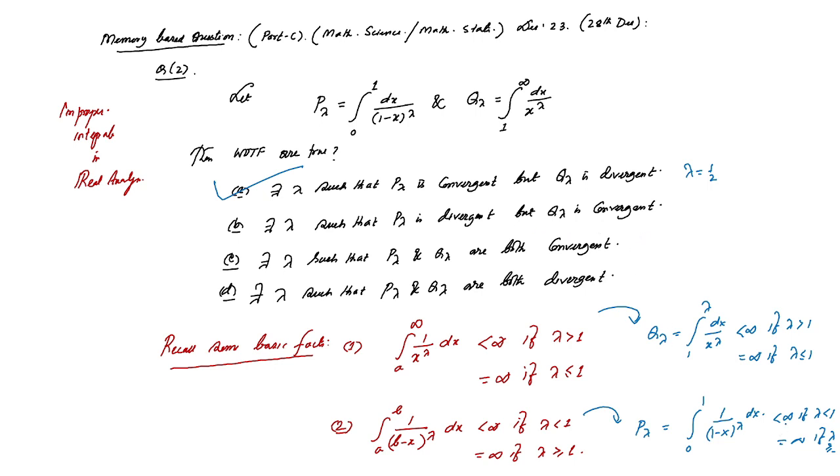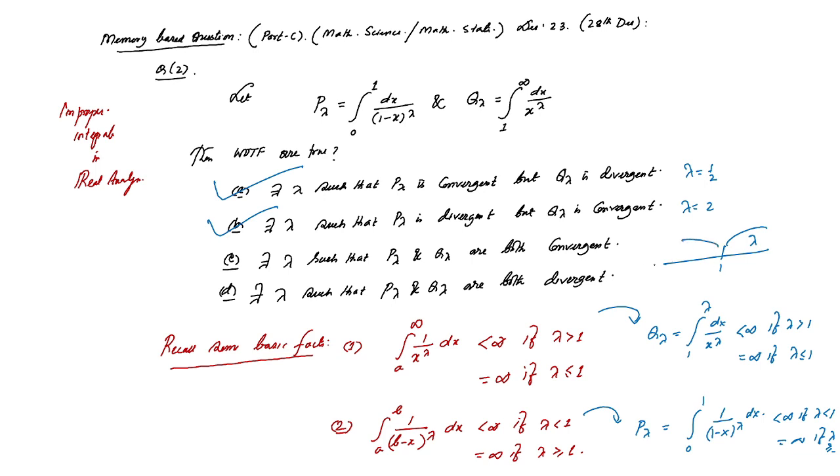So take lambda equals 2, say. In that case P lambda is divergent, because lambda is greater than or equal to 1, and Q lambda is convergent. So when lambda is greater than 1, P lambda is divergent and Q lambda is convergent.